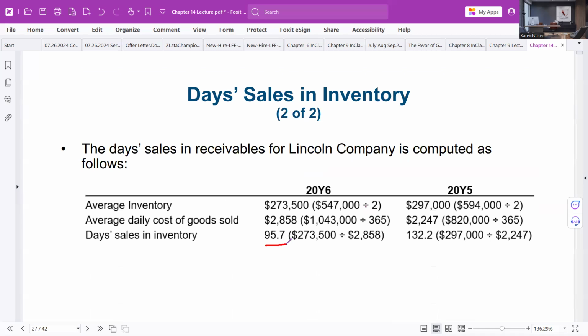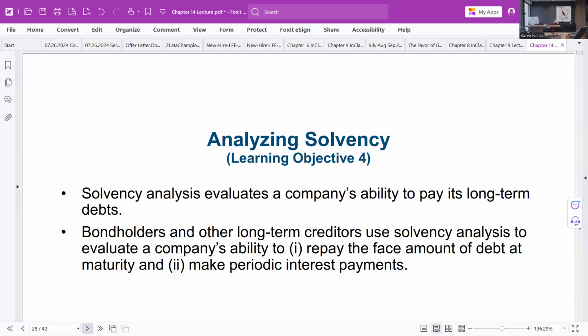So when they put something in inventory, that's how long it takes them to unload that inventory or find someone to sell it to, 95.7 days. But that's actually an improvement. In year five, it took them 132.2 days to turn over or sell that inventory. And in year six, it's down to 95.7. So those are key measures to help us understand position or liquidity.